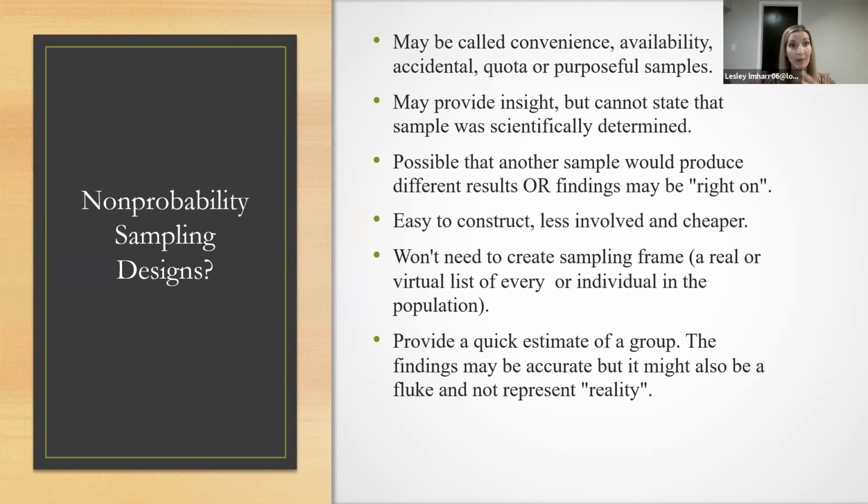Okay, but one thing you need to do when planning your program evaluation is provide a quick estimate of a group. We always need to think about, well, maybe these findings are based on the fact that this organization is culturally or contextually specific. So it might not have transferability to populations outside of, let's say, Eastern Band of Cherokee Indians Family Safety Program, for example.